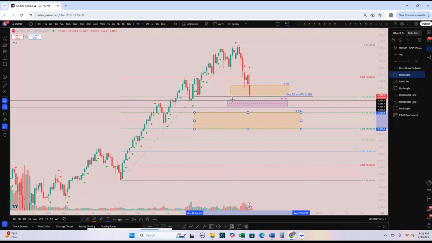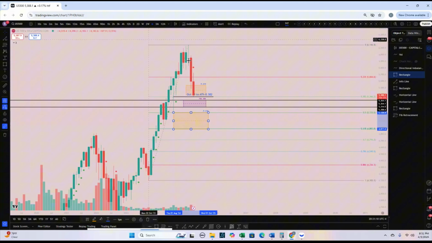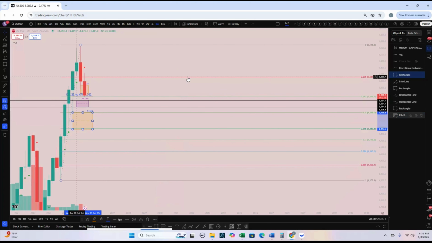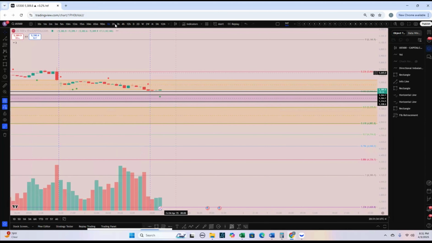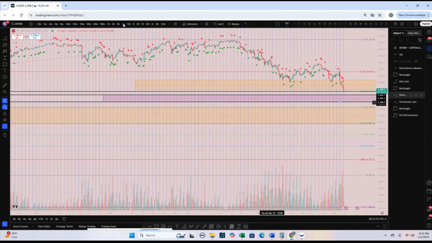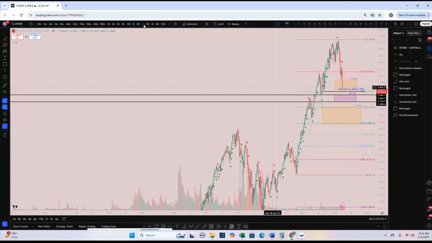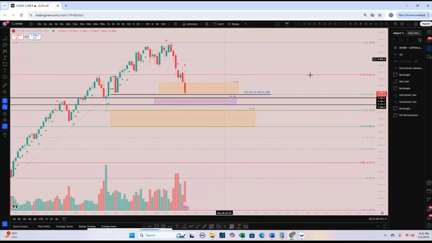For us to get all the way down there, we would have to take out this quarter. We already took out this one, and we have to take out this quarter, and basically take out July of 2024. This would match up to here. And then you've got April of 2024. So those would be my levels.